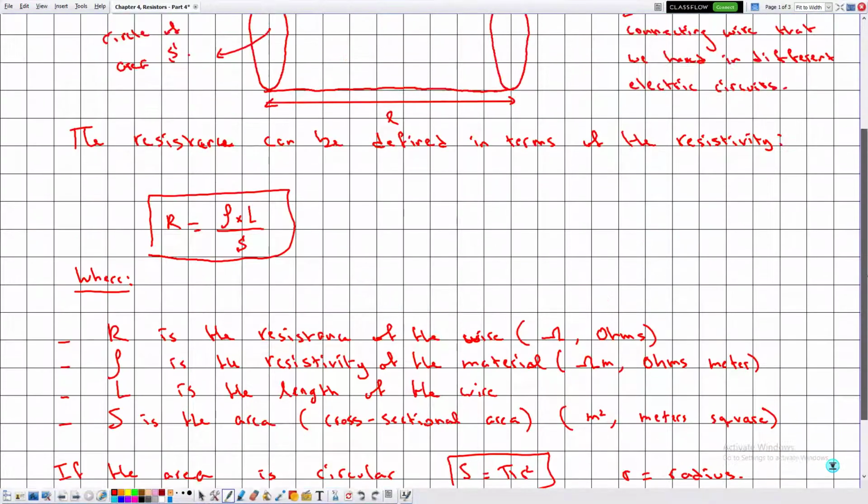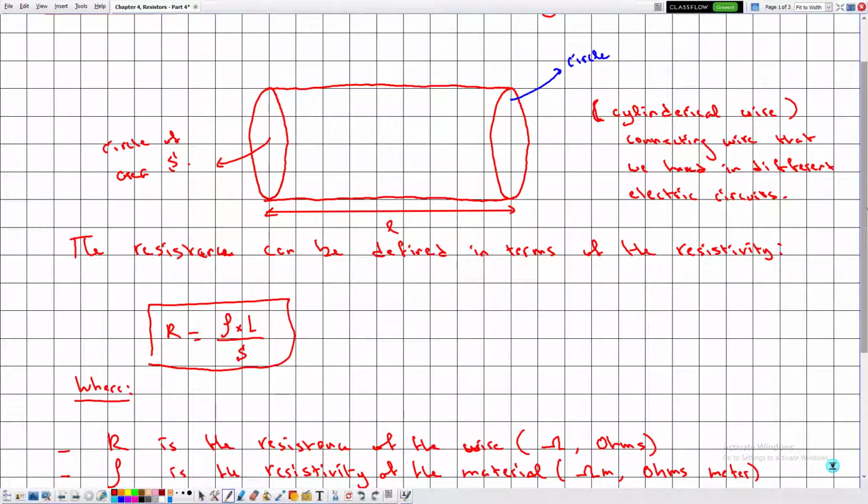So here we can represent r on the figure. I have used a small r because I'm using capital R for the resistance. So this will be the radius r.